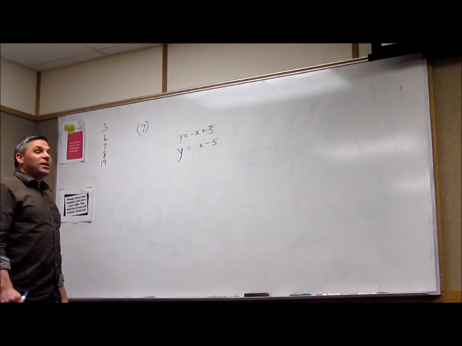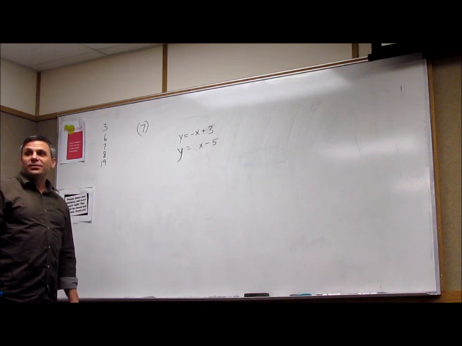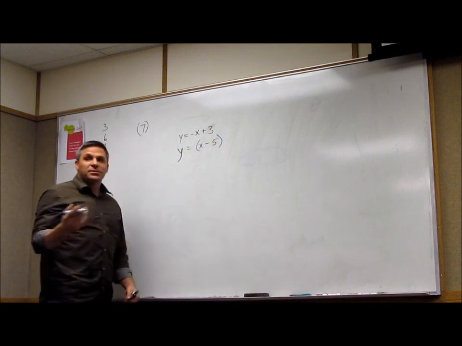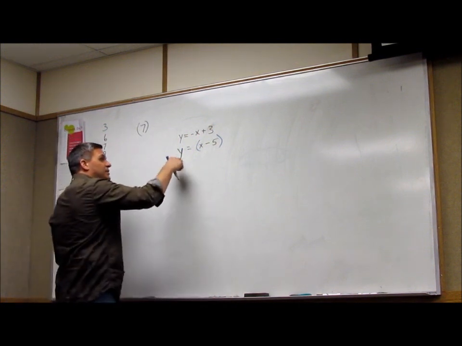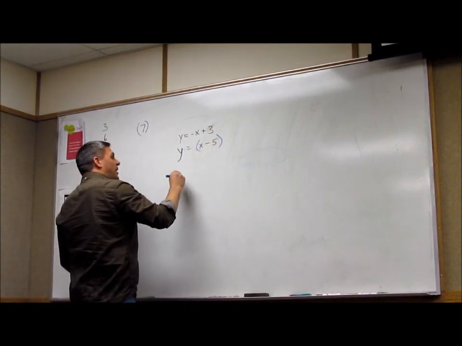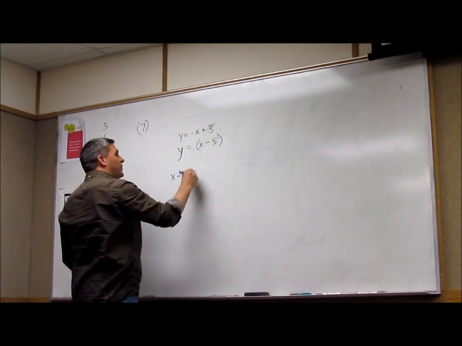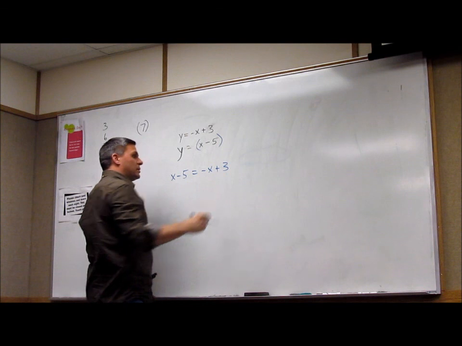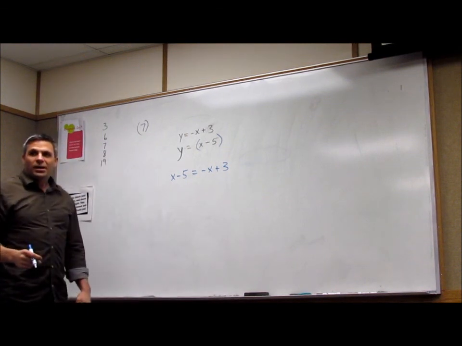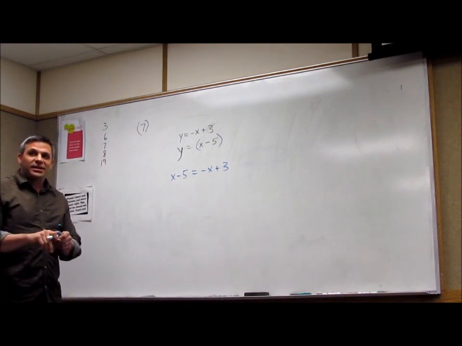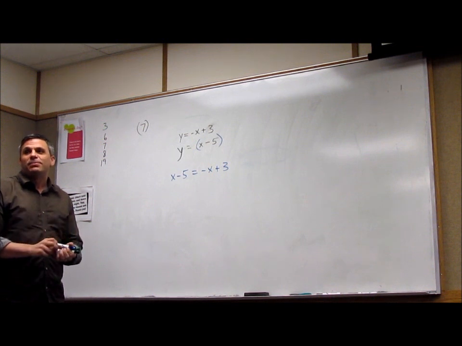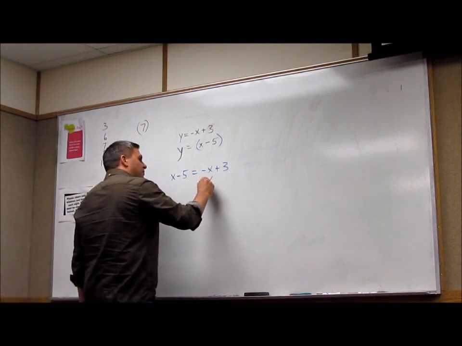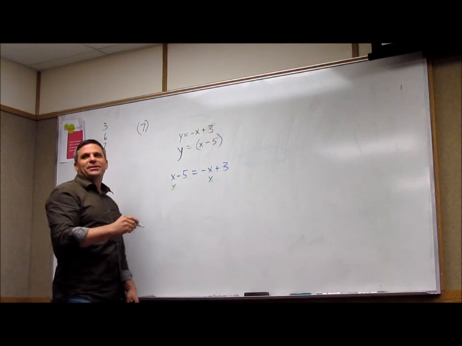Now this is one we could plug in. This could be a substitution one. This is y, so x minus 5 equals minus x plus 3. It looks like the x's are canceling out, because one's minus, one's plus. But you have to remember, grab the lowest x, do the opposite, and what happens?